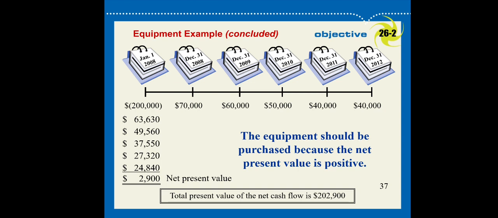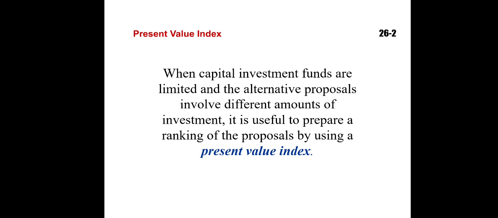So if you see the number is positive, then the decision that can be made is to say yes, it is a good idea to purchase the equipment. If you do the calculation and you see the net present value is negative, then the answer is no. The business should not purchase the equipment.